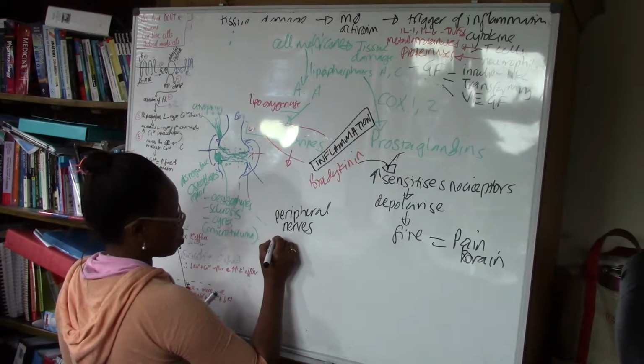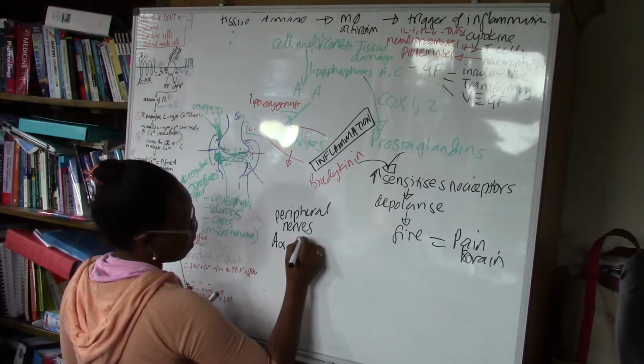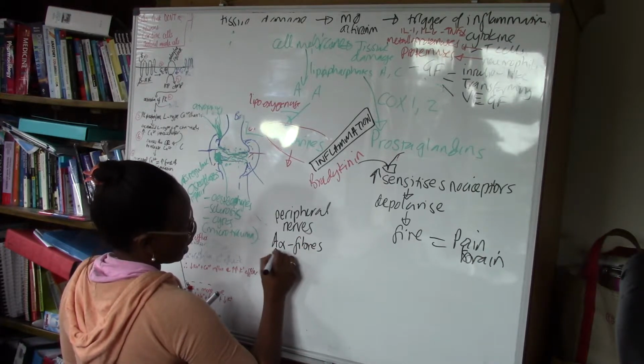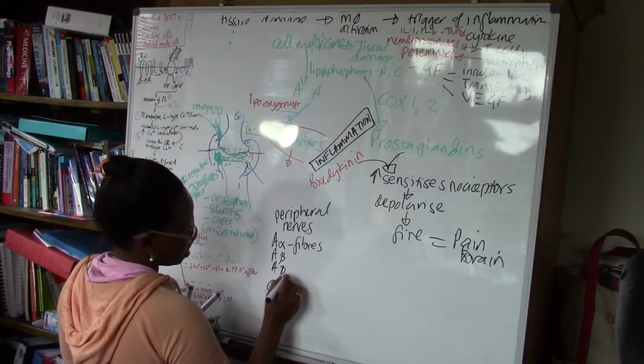Which are based on the A alpha fibers, or the A beta, A delta, I hate writing D, or the C fibers.